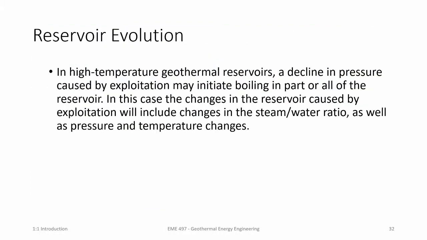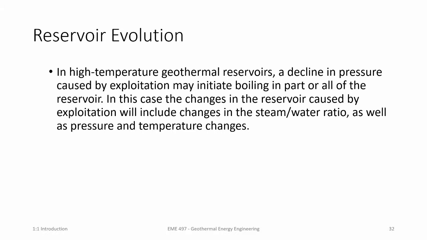So moving on, reservoir evolution. As we exploit these geothermal areas, whether it be conductive, convective, etc., you're changing the natural structure of the system by extracting this heat, whether you're taking it out and not replacing it, or somehow affecting the well.